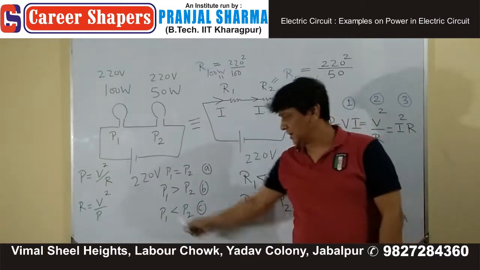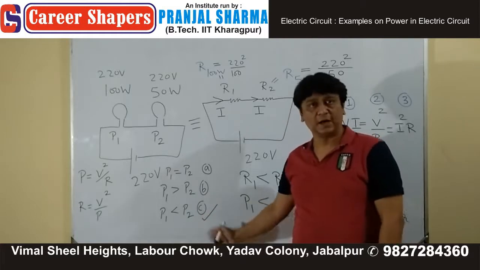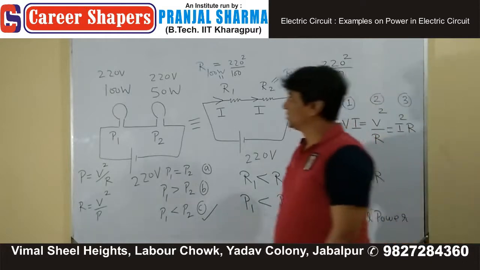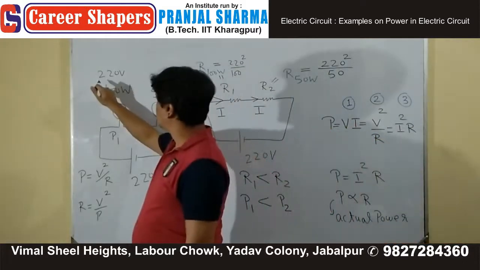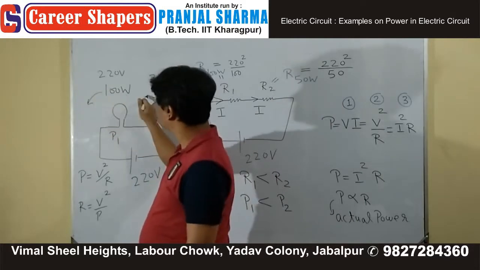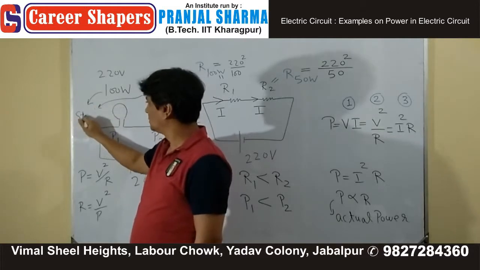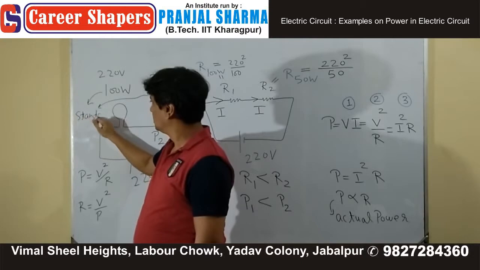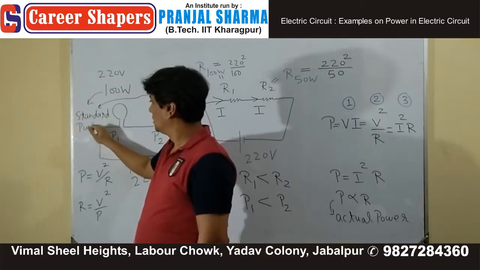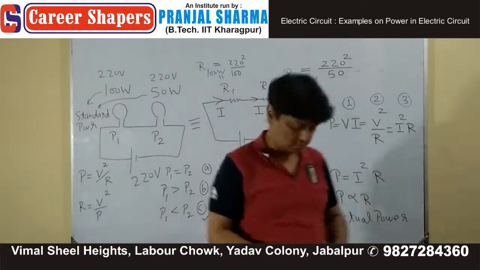The third option is the correct option. Note this down, and if you understand it, write yes in the comment box. These are standard powers, and this is the actual power which we are talking about.